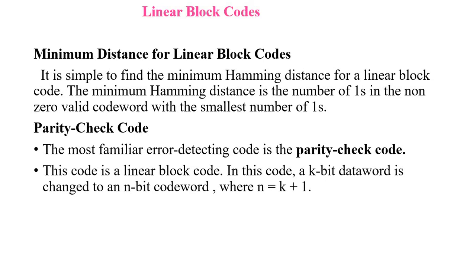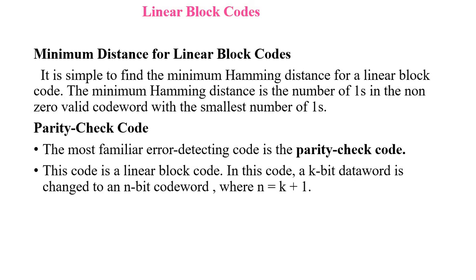In the same way, we can also use linear block codes, with a minimum distance for linear block code. Here we utilize the concept of Hamming coding. With the Hamming distance measured, we can identify which bit has been corrupted. One of the error detecting codes we have is the parity check code, and this code is a linear block code.